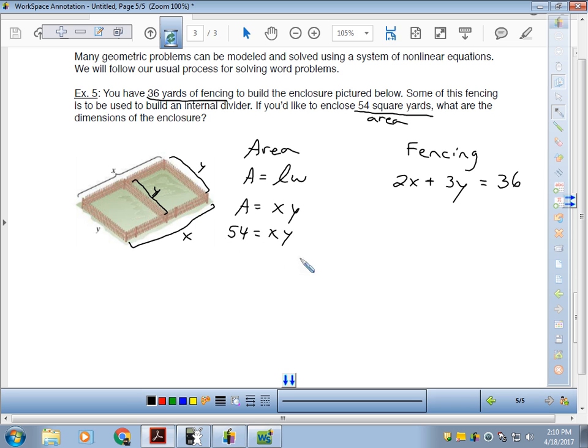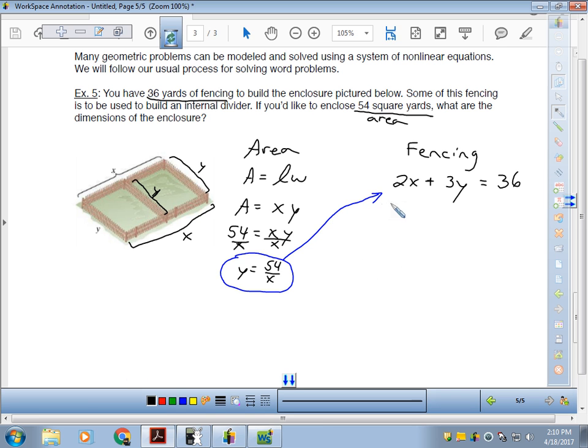So what I'm going to do is take this equation and solve it for y. So I'm going to divide both sides by x. So y equals 54 over x. And then I'm going to take that and substitute it in over here.